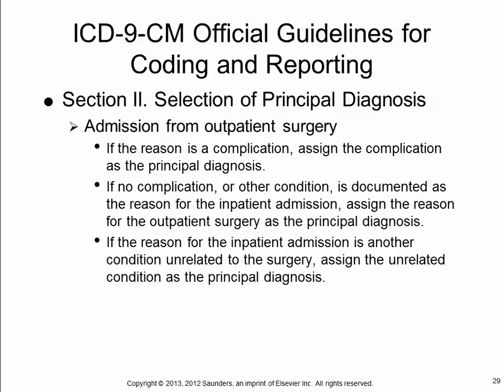Happens quite often, actually. And while they're there, they get a little groggy with the medicine, and they get out of bed and they fall, and they break their leg. We have to admit them because of the broken leg. That broken leg is not related to the circumcision, right? So that is the reason for the admission. That's the principal diagnosis. Okay?